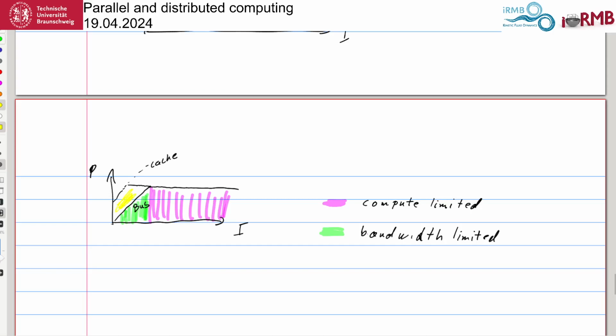Is it actually visible, or should I use orange, I guess. I should use orange. There. Maybe I'm too stupid for this computer. So this here, if you're in this region, you are limited. So then you are cache limited.